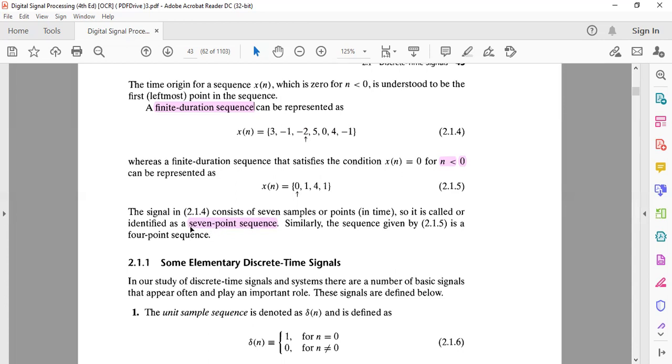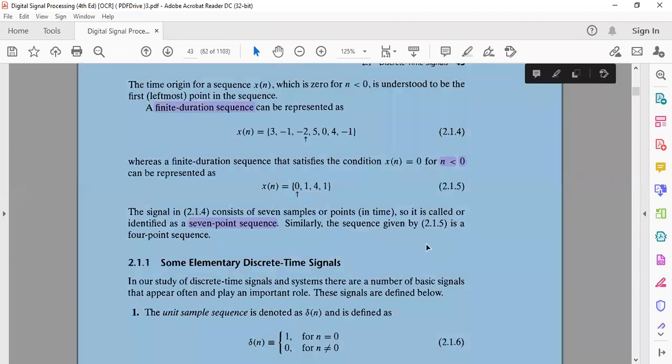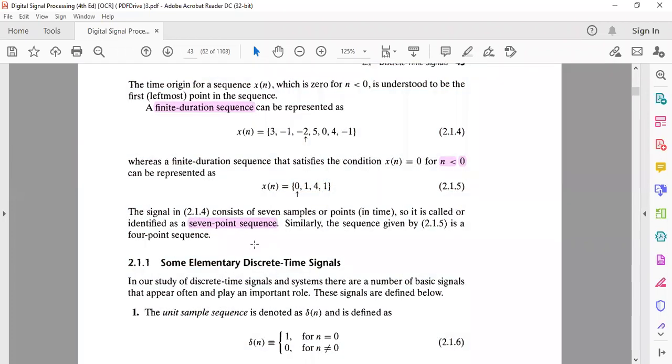Its length can be told as 7 samples. Similarly, the sequence given in 2.1.5, this one is a 4-point sequence. Its length can also be defined as 4 samples, okay? A 4-point sequence.